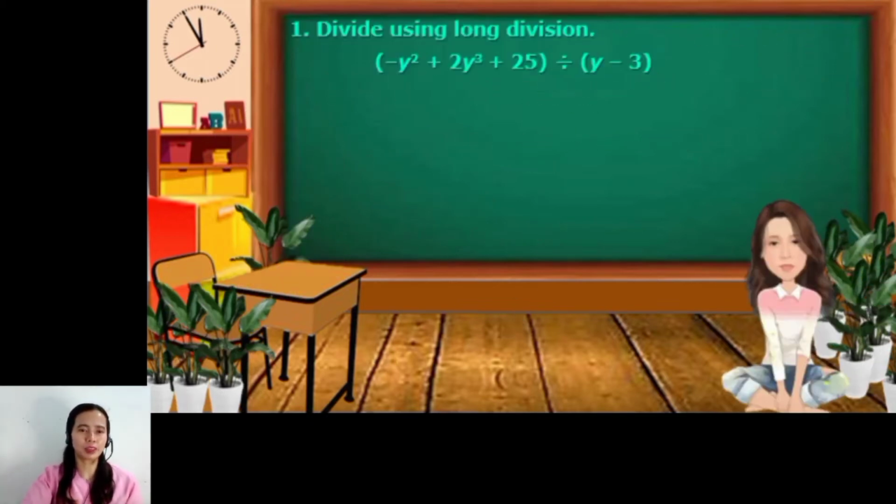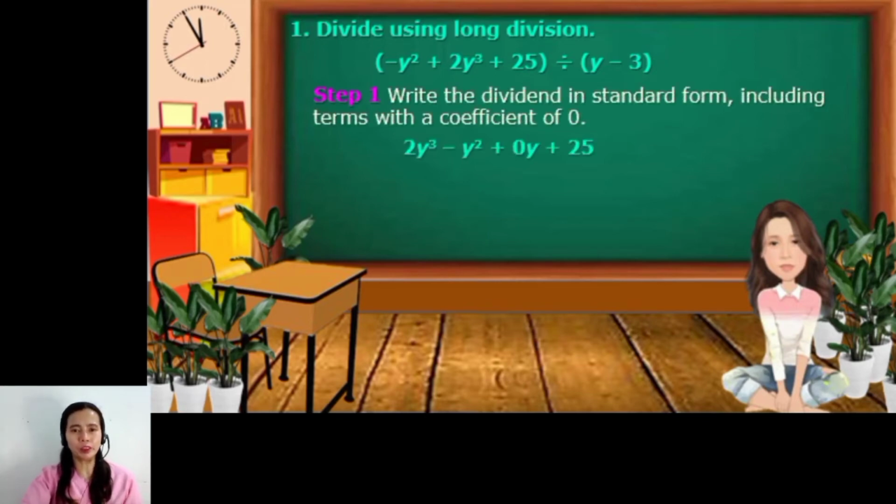Let's have this first example. Using long division, we have negative y squared plus 2y cubed plus 25. As you can see, the terms are not arranged in descending order. So dapat mauna yung 3. Pababa dapat 3, 2, 1 hanggang sa last term or yung constant. Step 1, write the dividend in standard form. So we have 2y cubed minus y squared plus 0y plus 25.